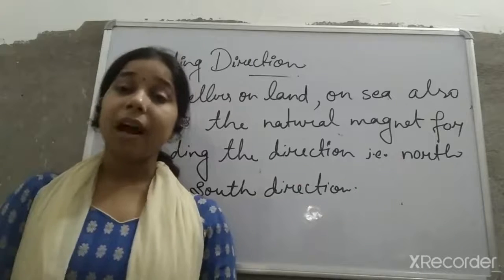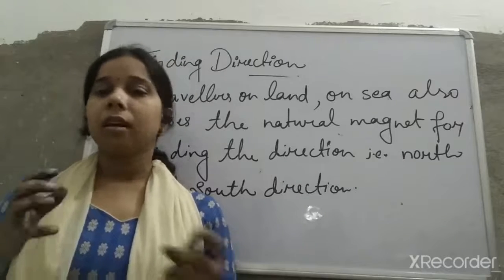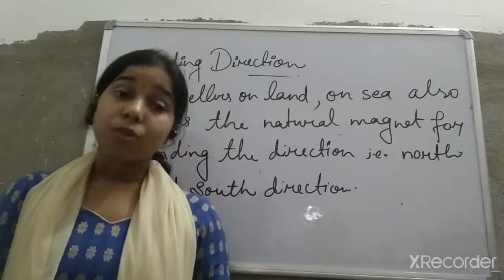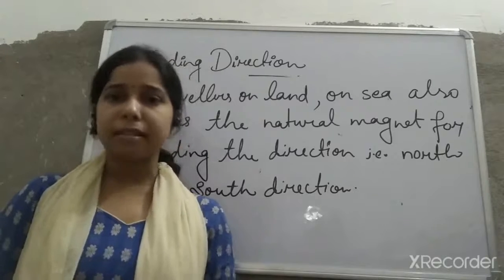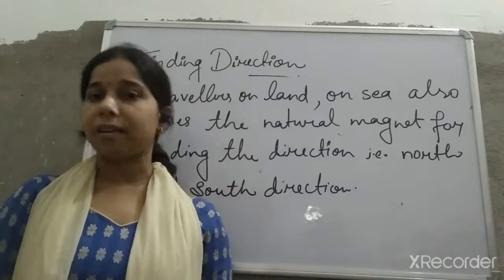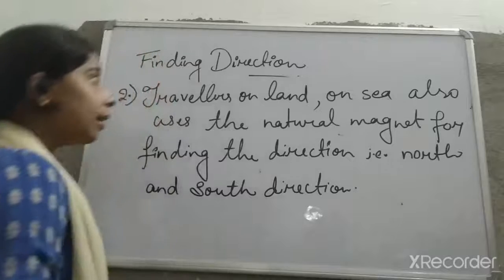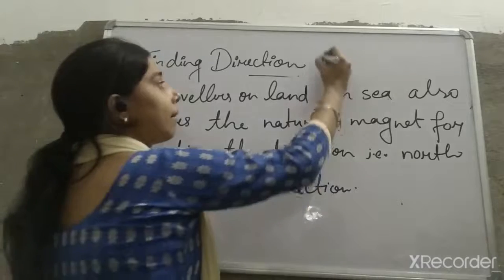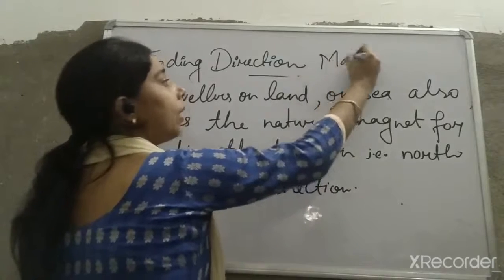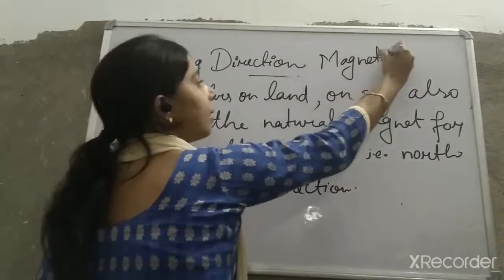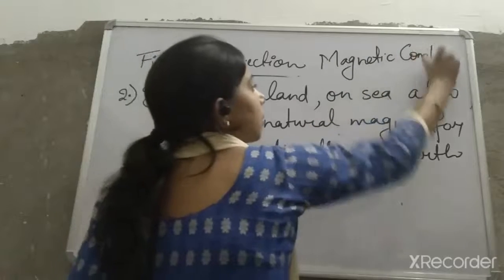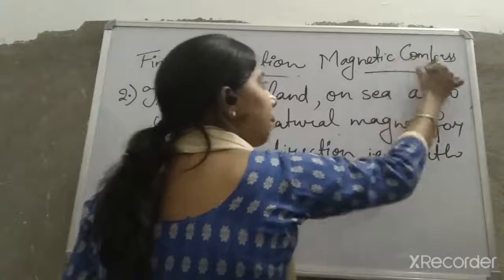What happened when the artificial magnet was made? So the best thing made by the artificial magnet, student, is a compass, and that compass we call a magnetic compass. What is a magnetic compass, student?